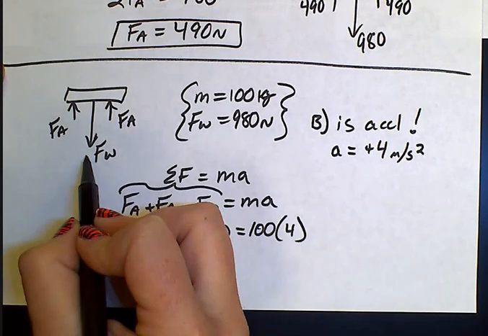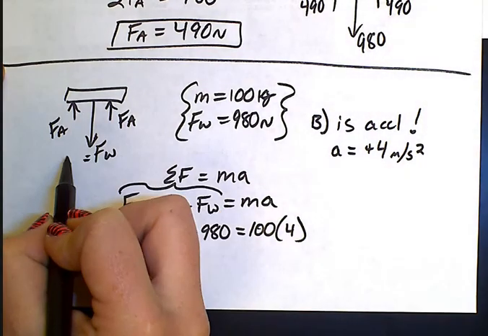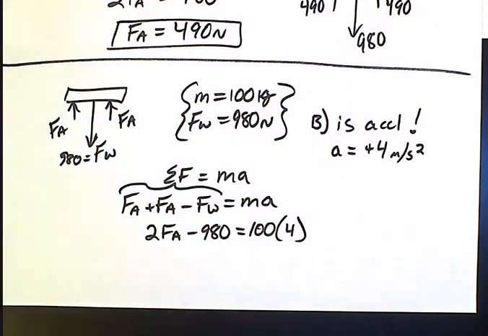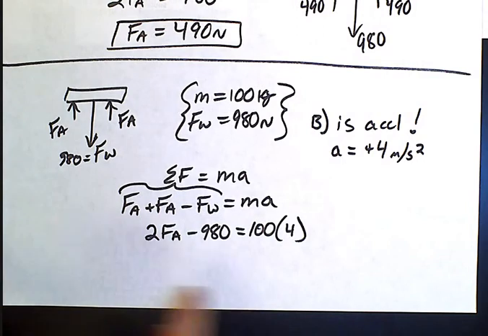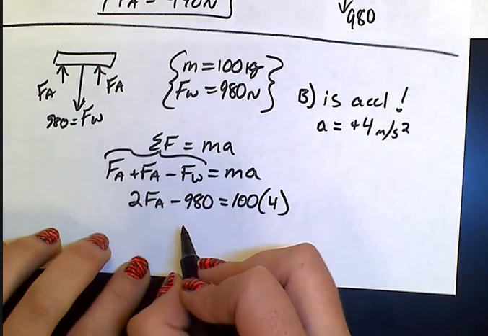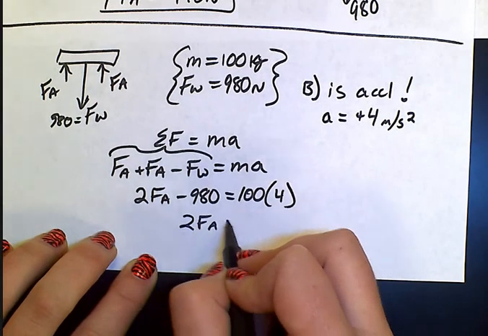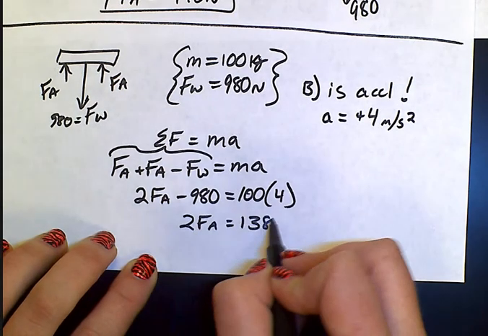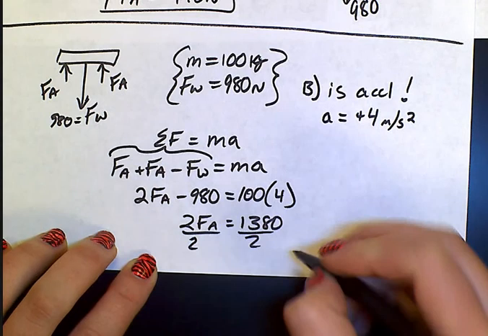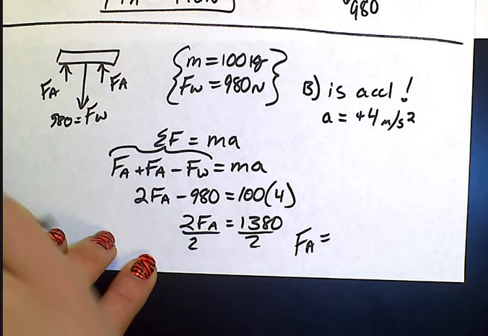Still 980, and if I want to accelerate it up, these two forces added together are going to have to be greater than the 980 down, so I get a net force in the up direction. Solving, 400 plus the 980, so 2FA is equal to 1380 divided by 2, and this time FA is equal to 690.